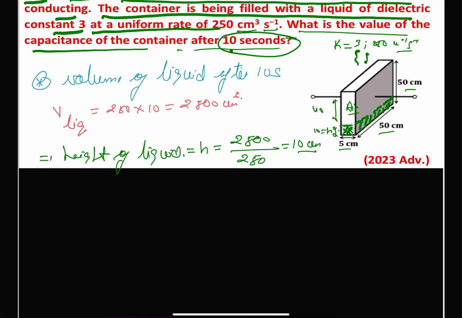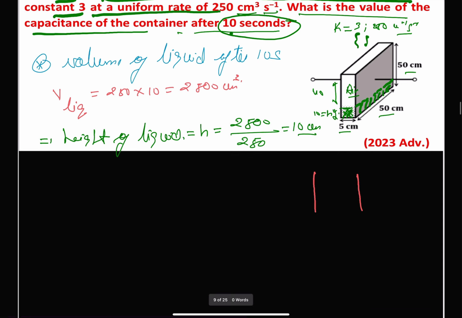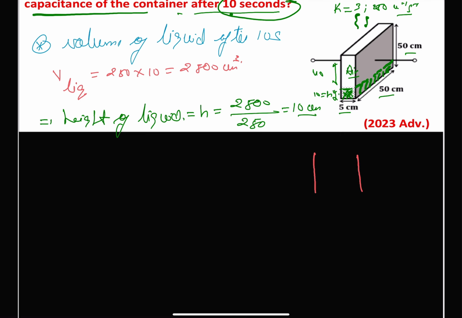This is suppose our capacitance C1, and this is the other one in which we have a dielectric, and they both are connected with each other like this.